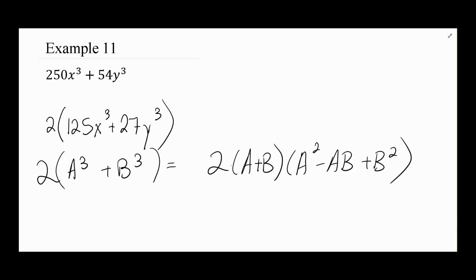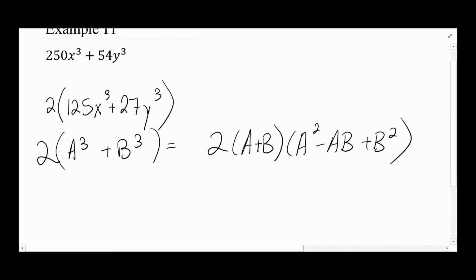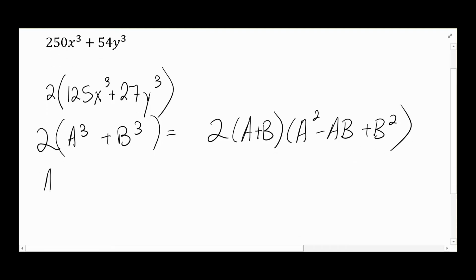But now we got to identify what is the a and what is the b. So if I look at the a, what is it I cubed to get 125? That's 5. And of course, an x to get the x cubed. And for the b, I cubed 3 to get 27. I cubed y to get y cubed. Now I got my values to plug in.